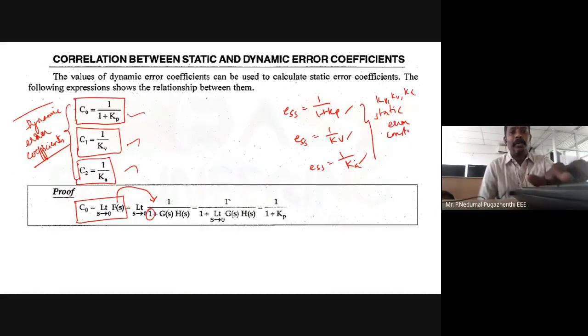Any doubts so far? So in the previous class we discussed static error constants, and how, using the static error constants, you can find your steady state error.